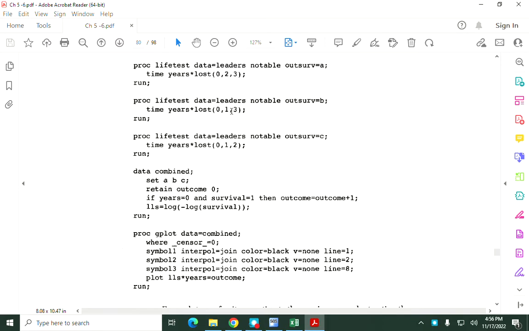If I want to study 2, got voted out constitutionally, I will censor out 0, 1, 3. Finally, if I want to study people who got voted out in a non-constitutional way, I will censor 0, 1, 2. So with this kind of operation, usually you can censor as many things as possible. So you can have a multiple choice.